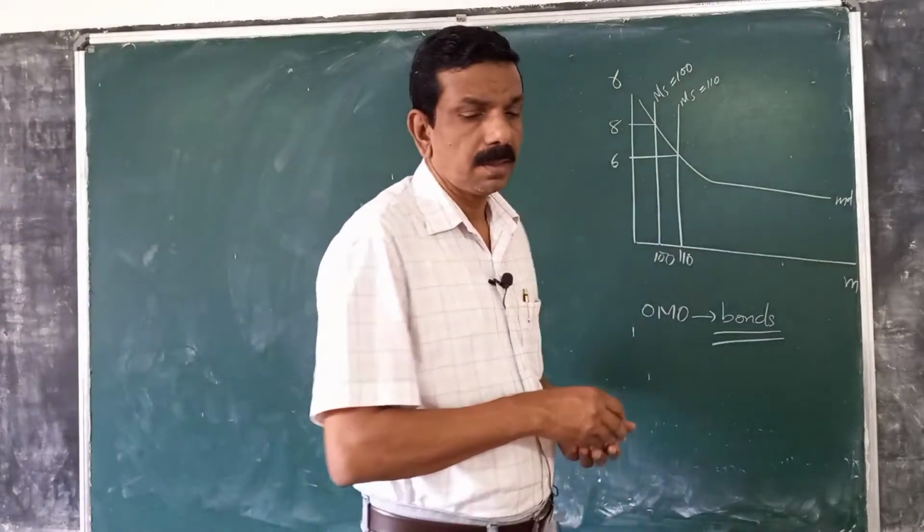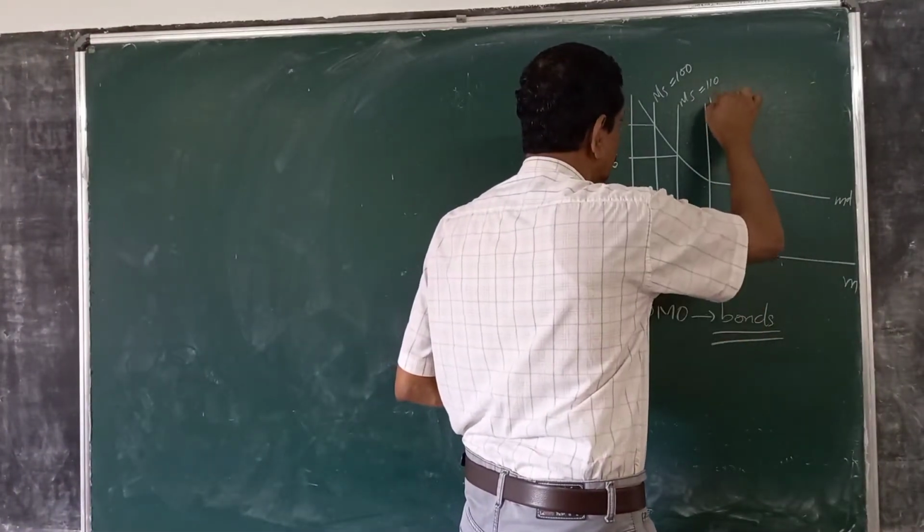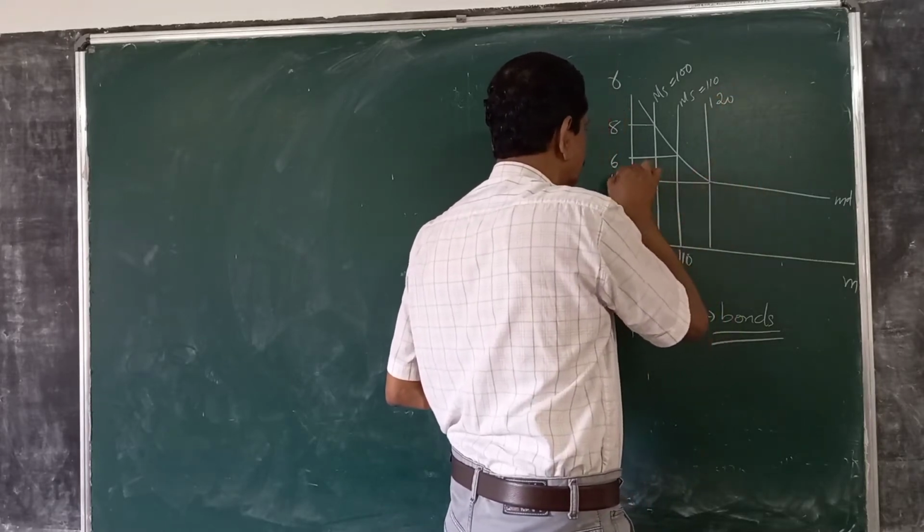If the money supply again increases from 110 to say 120, interest rate again decreases to say 4%.